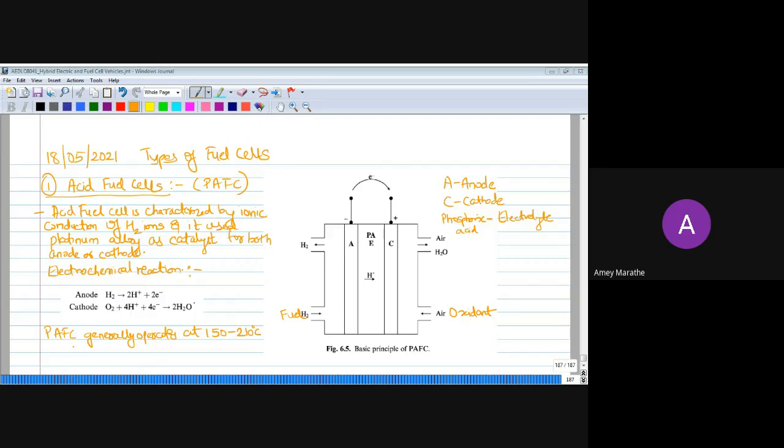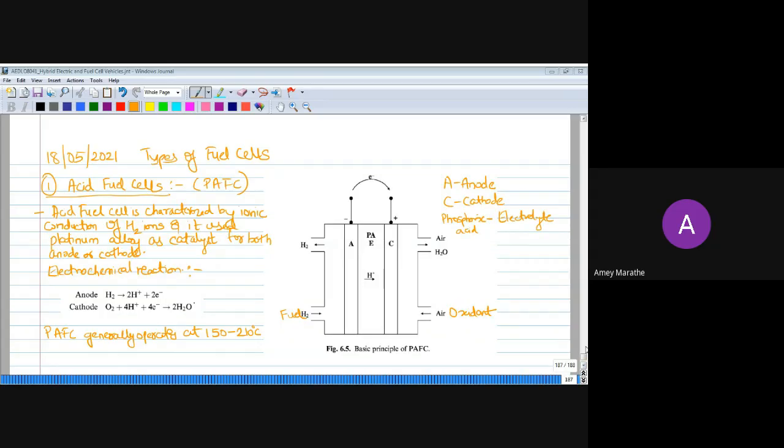Now the disadvantage, why we are not using phosphoric acid in vehicles. Now we are talking about fuel cells which are used in vehicles. The disadvantage, let me write down.